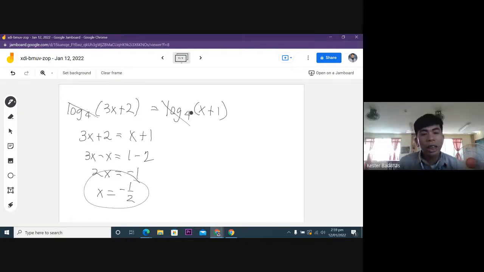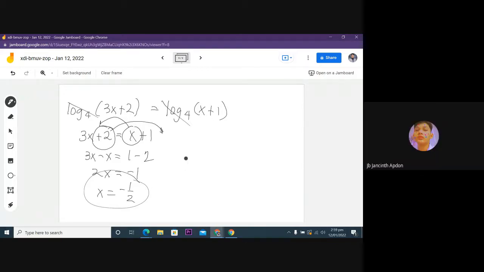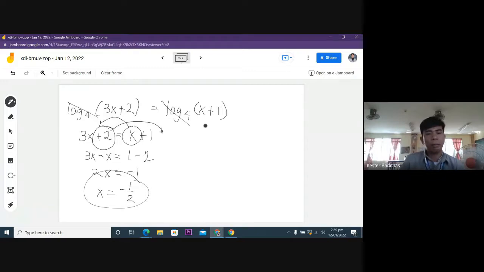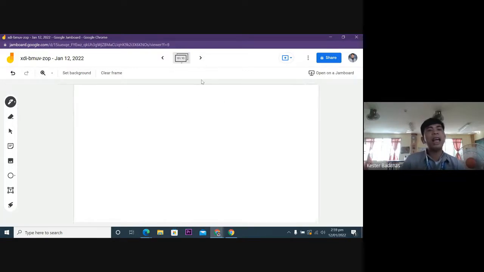Yes. Actually, transpose. Si X lipat dito, tapos si 1 malipat dito. Kaya naging negative X dito, positive dito kasi, di ba? Tapos dito yung positive 2 naging minus. Okay po. Ayun. Thank you. Okay, so yan siya. Proceed na tayo.